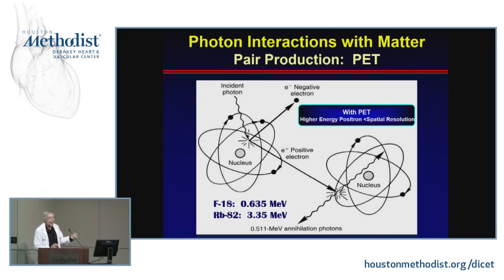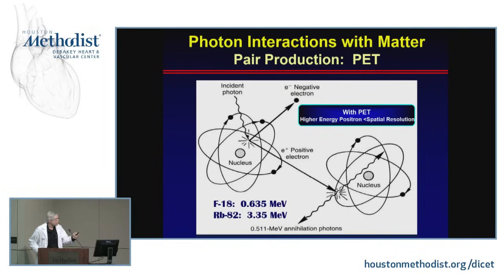And so the higher the energy, the further that photon will go through tissue before it's annihilated. So you might imagine then that F-18, which has relatively low energy, will go a short distance before it is annihilated, whereas rubidium, because of its high energy, will go considerably farther. That's called its positron range before it's annihilated.